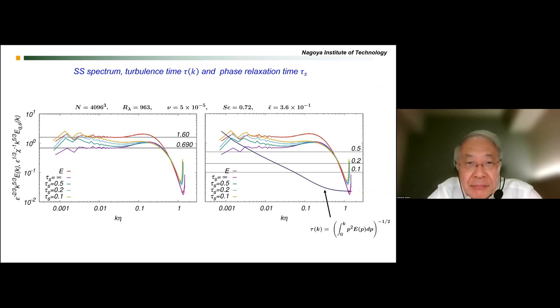That upturn. That would indicate generally that the resolution is not the DNS resolution because you accumulate energy. You have to go to scales that are much smaller than that to get a spectrum that falls down without the upturn. Can you please comment on that?